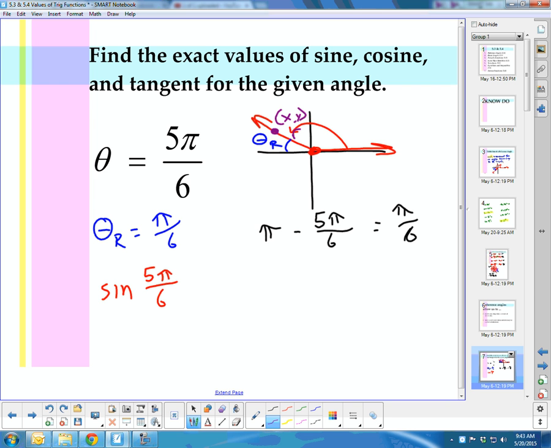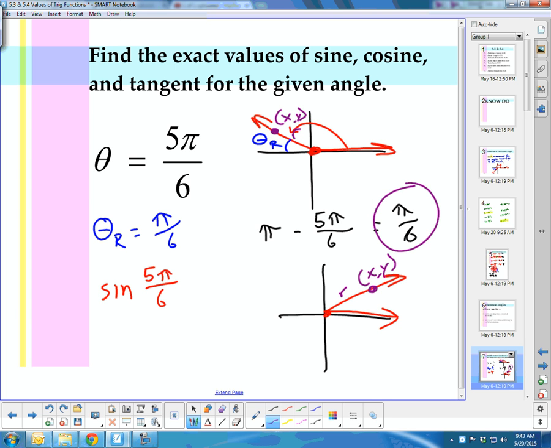Well, the pi over 6 angle that we calculated, if I draw that on a separate coordinate plane, and I look at the initial ray and the terminal ray, and I choose a point x, y with some radius r, what I want to see is that the point x, y on my 5 pi over 6 diagram and the x, y on my pi over 6 diagram are reflections of each other across the y-axis.